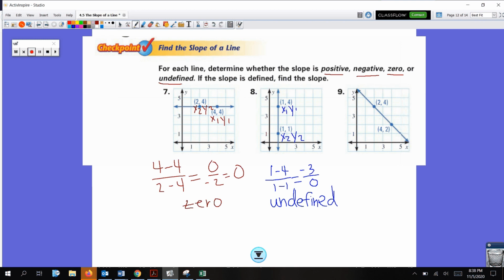All right, let's look at this last one we got here, okay? So remember when I said if you're looking at the graph and you're going downhill from left to right, that's a negative slope. So we can see already that this is a negative slope. But we'll write negative here, and let's just plug in the numbers just to be sure.